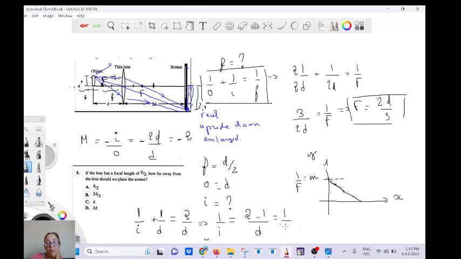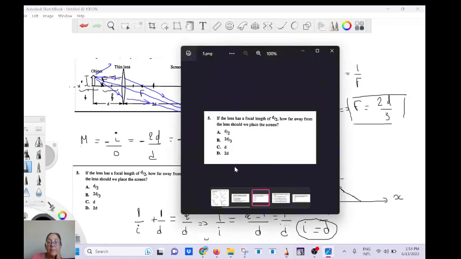So it's going to be 1 over d. So I equals d. Okay, so the focal length is d over 2, and that's going to be the answer. So the answer is C.